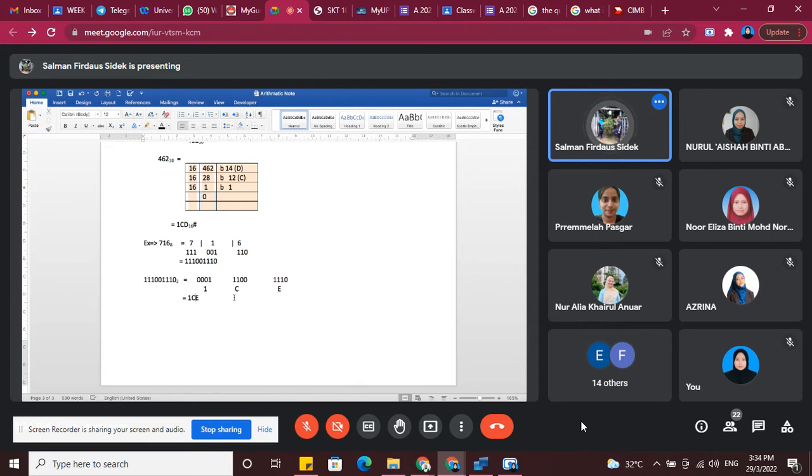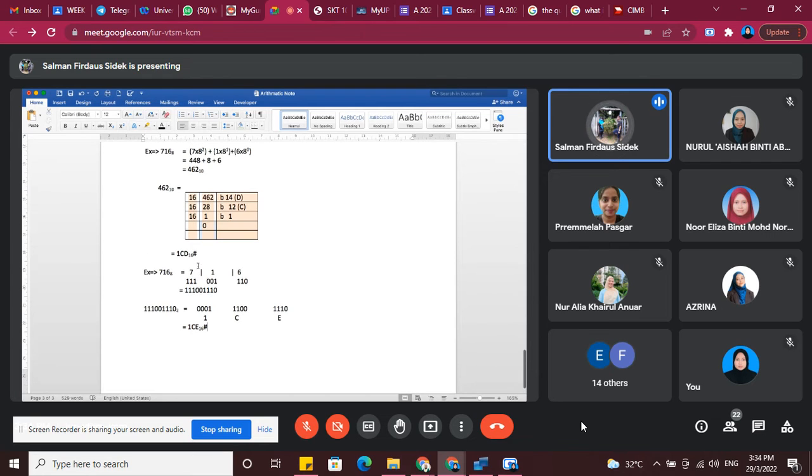Kadang-kadang awak semak. Kalau semak jawapan awak salah, bukannya salah totally, mungkin ada step yang tertinggal. Mari kita semak. Ni tadi 7, 1, 6: 111, 001, 110. Okay, yang ni rasanya dah betul.